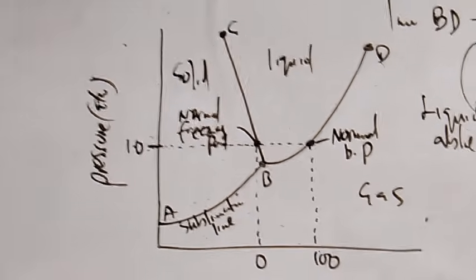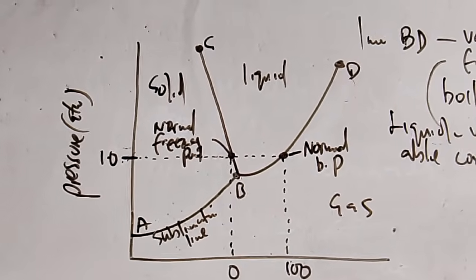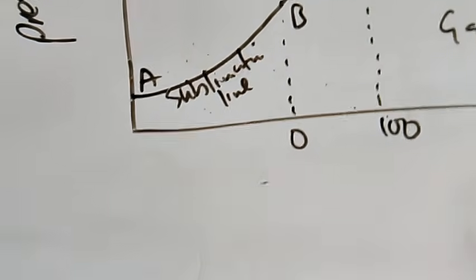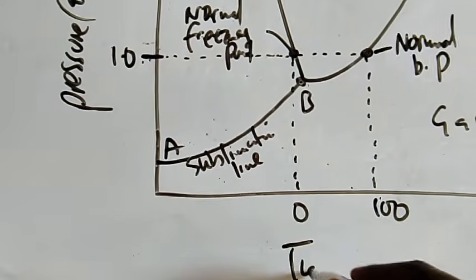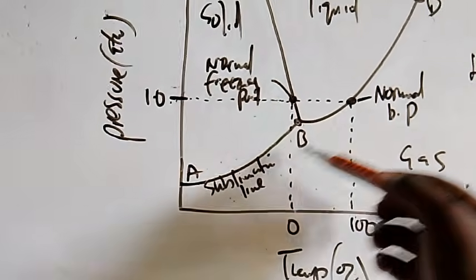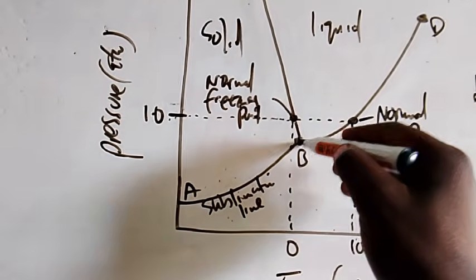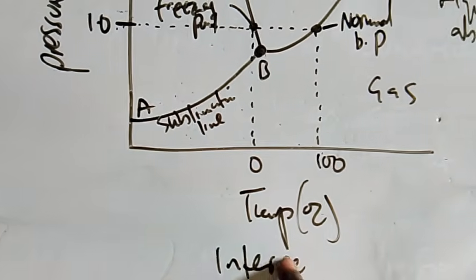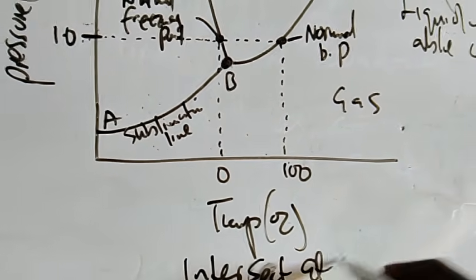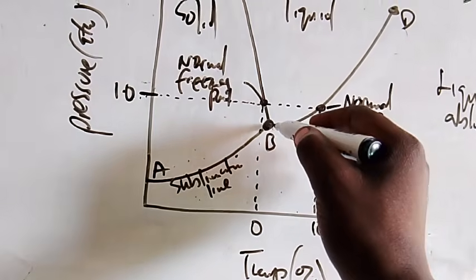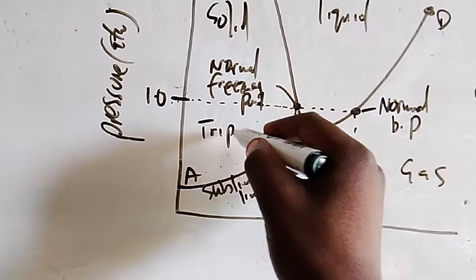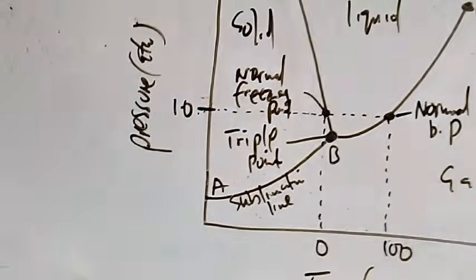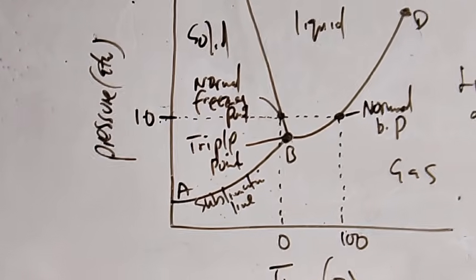Okay, then the three lines intersect at point B. You can see all the three lines intersect at point B. So point B is called the triple point.